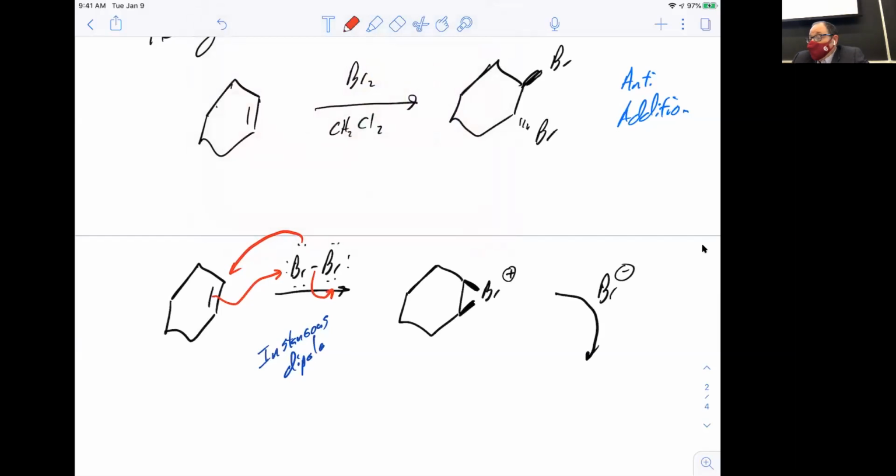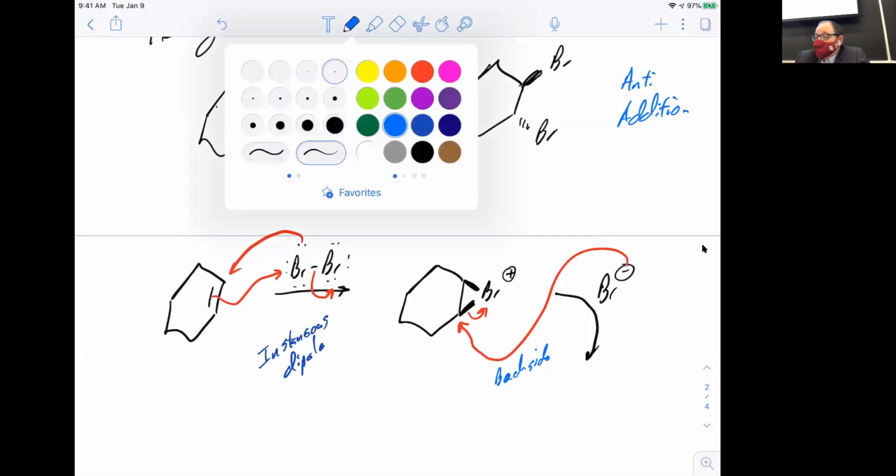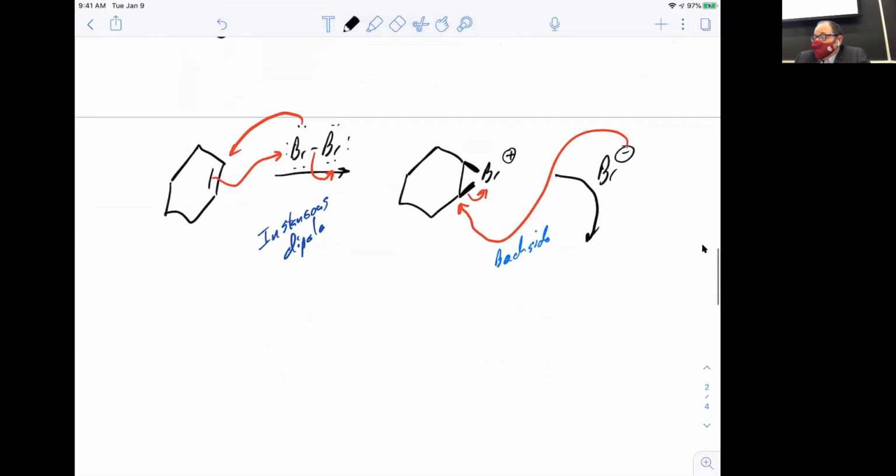At this point, the bromide comes in to ring open this, and it has to come from the bottom side or backside, because to ring open this, just like with an SN2, it's got to come in at the anti-bonding orbital. That ends up giving me the anti-addition of the bromides.